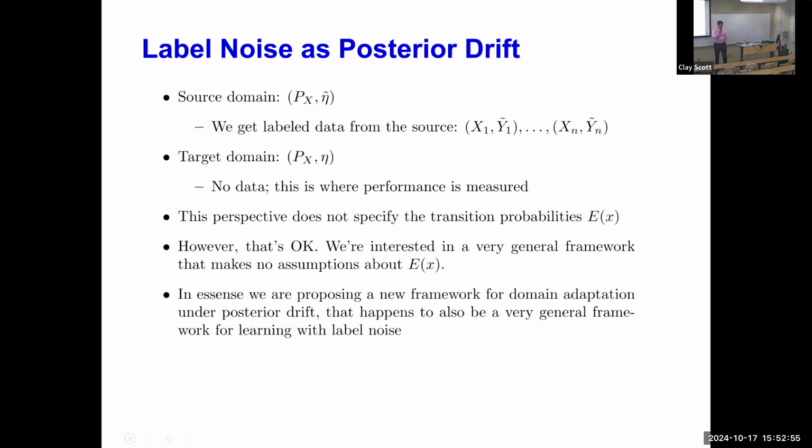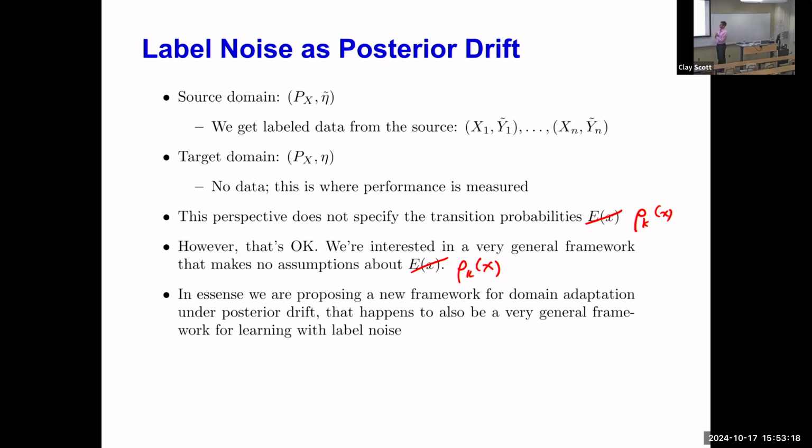I think my notation here may have changed. Sorry. I think previously I was calling this rho k of x. So let me change that notation. But I haven't referenced these transition probabilities.